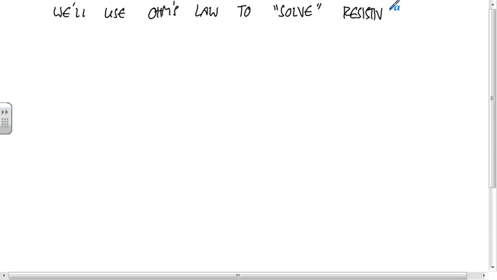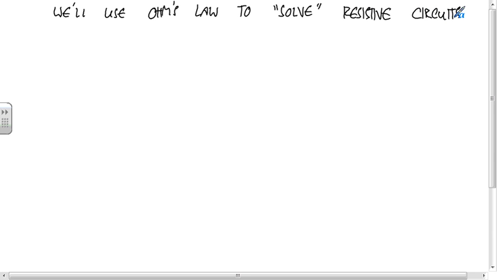So we're going to use Ohm's law to solve resistive circuits. Resistive circuits are just circuits that besides the battery or the voltage source, all they have is resistors. They don't have any capacitors or any other kind of device.